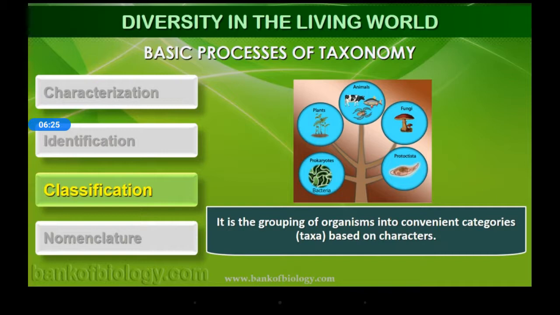So classification is the grouping of organisms into convenient categories, that is, taxa, based on characters. Birds flying is the character in them, the quality or feature in them. And fishes can swim in water, that is the character in them. So based on the characteristics, they are being grouped.